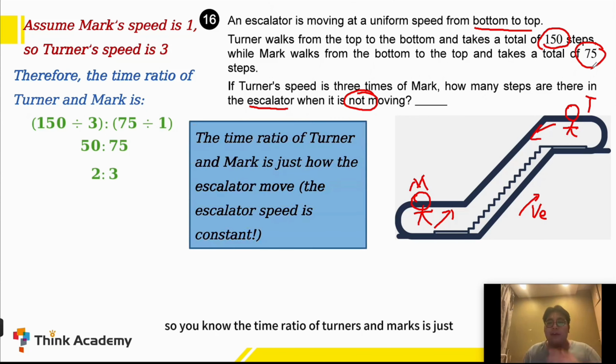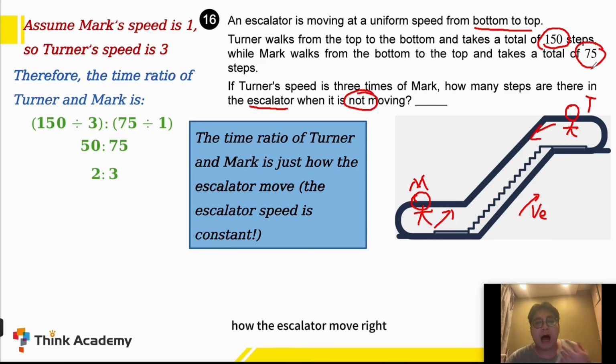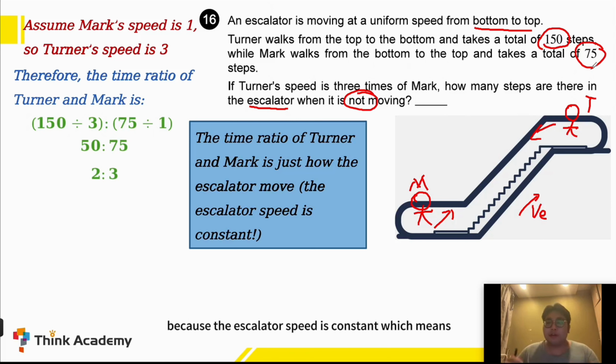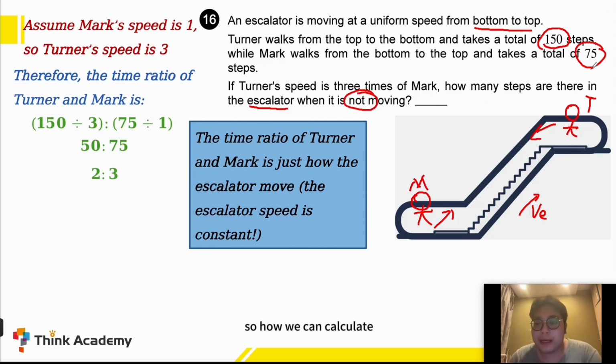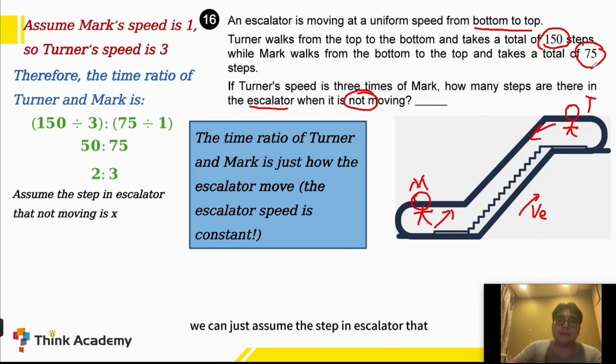So the time ratio of Turner and Mark is just how the escalator moves, right? Because the escalator speed is constant, the ratio of Turner's overlap steps and Mark's steps can be the ratio of the escalator's time. So how can we calculate? We can assume the number of steps in the escalator when it is not moving is x.